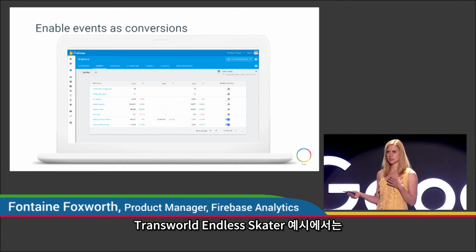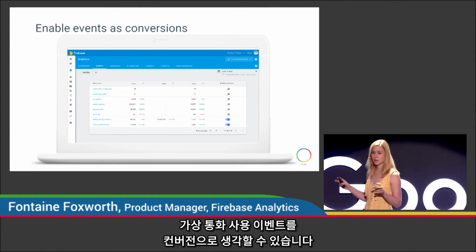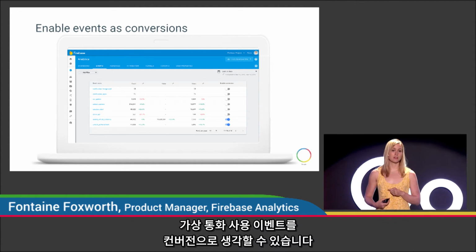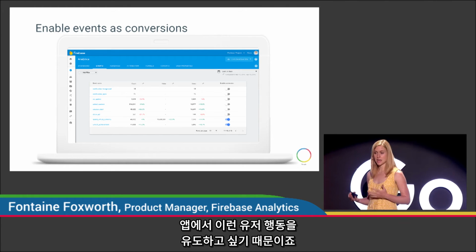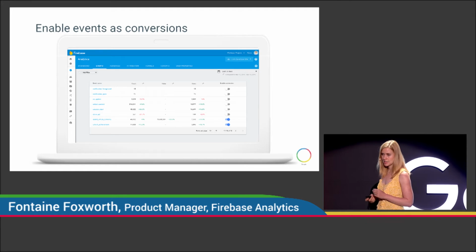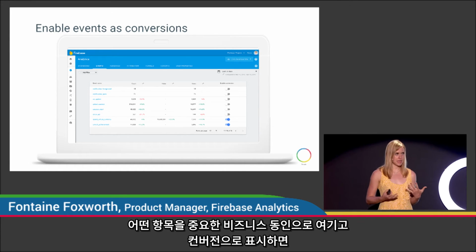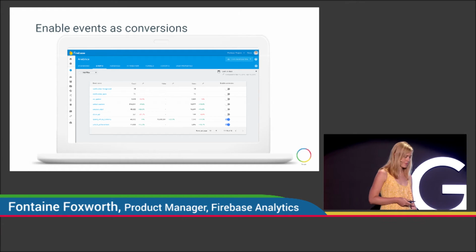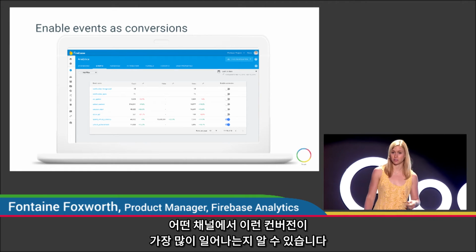So in the example of Trans World Endless Skater, maybe the event spend virtual currency will be a conversion for me, because I'm going to try to drive that behavior and type of engagement in my app. If I mark that as a conversion, that indicates that I think it's an important business driver, and I'll be able to see which channels are driving the most of this particular conversion.